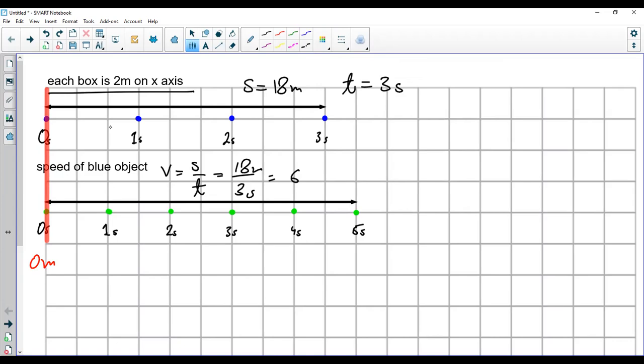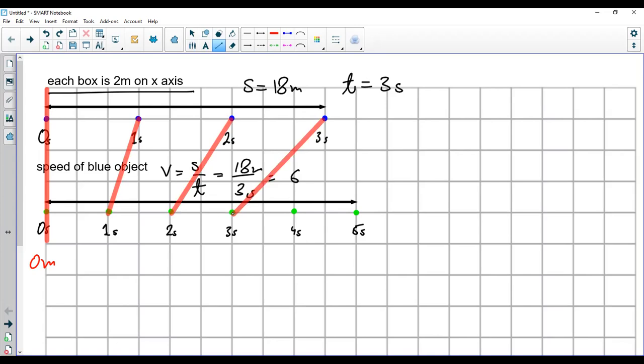How much is their difference in position after 3 seconds? After 3 seconds, how much is the difference in their position? That's 1 second. That's 2 seconds. How much is the separation between them after 3 seconds?